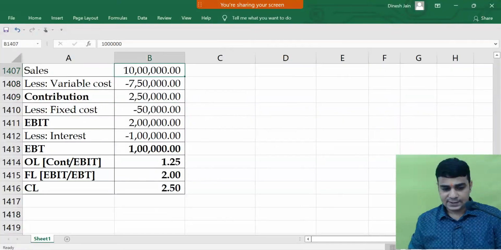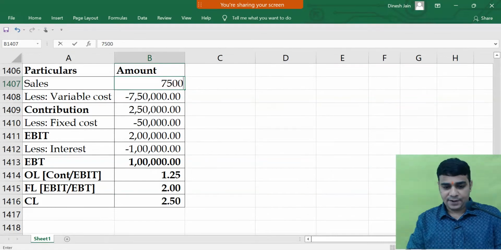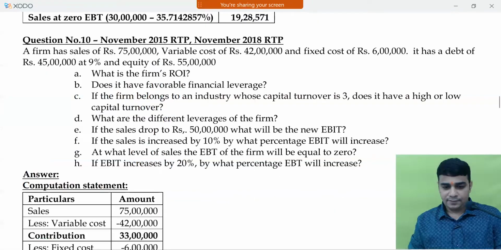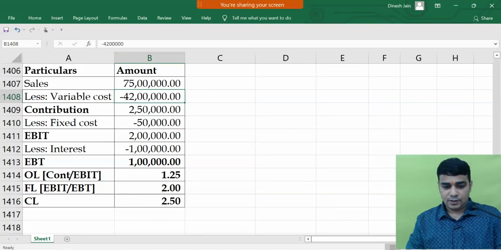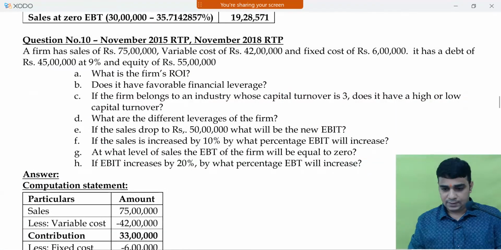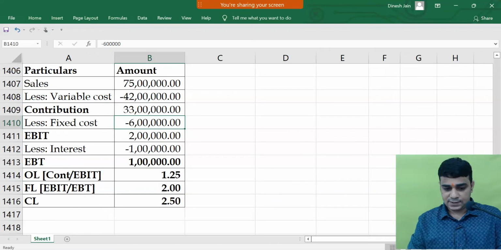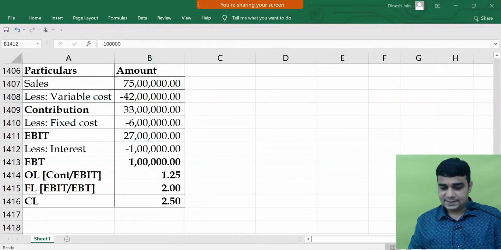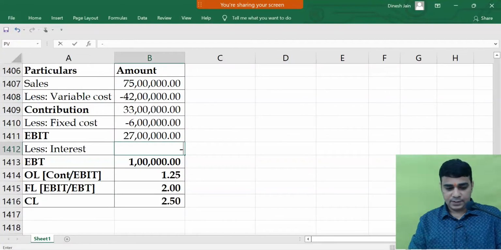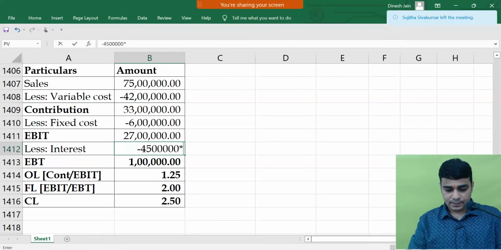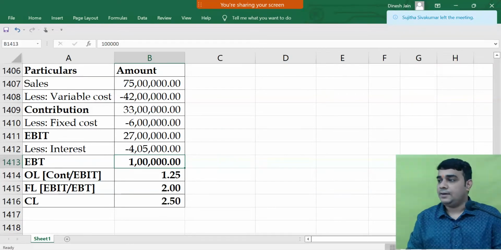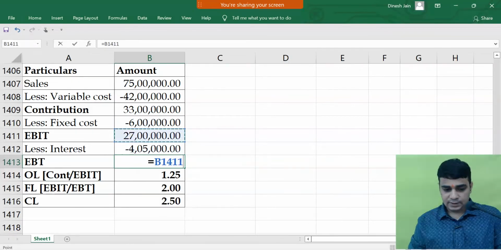So, sales is 75 lakhs. Variable cost is 42 lakhs. Contribution is 33. Fixed cost is 6 lakhs. EBIT 27. Interest is 4,05,000.